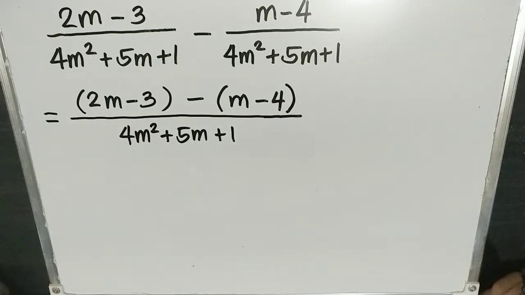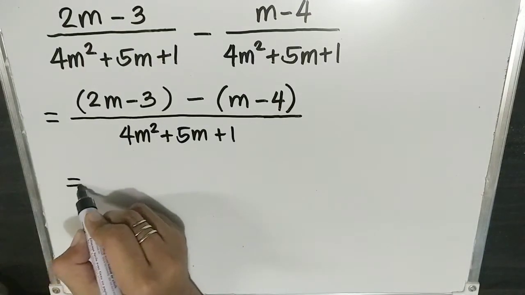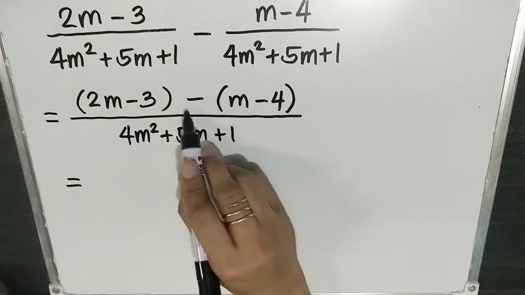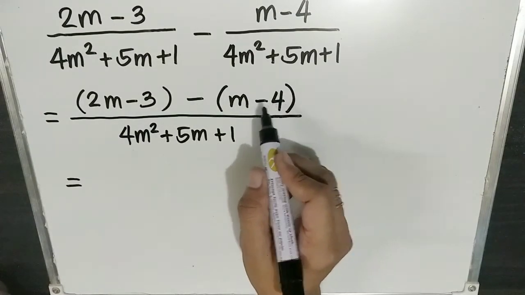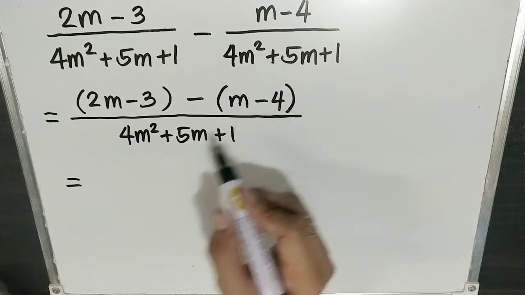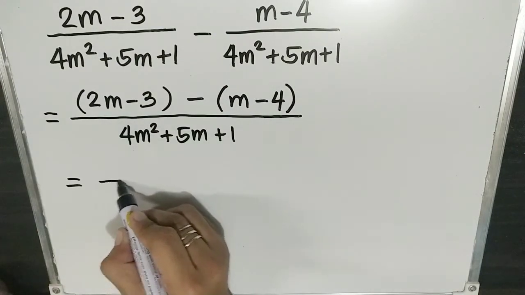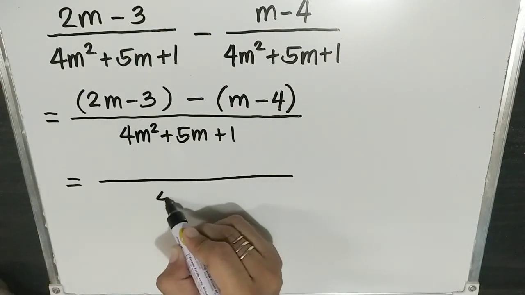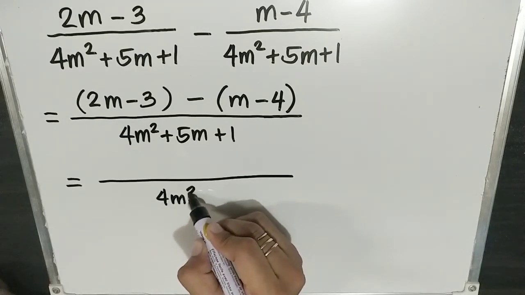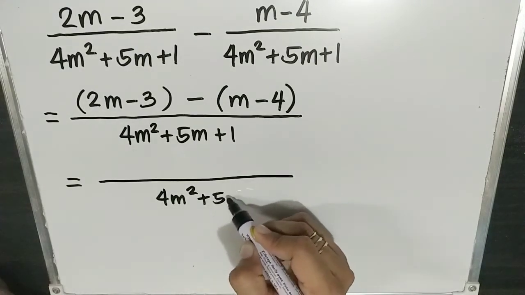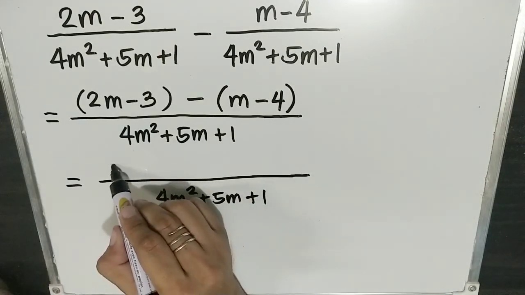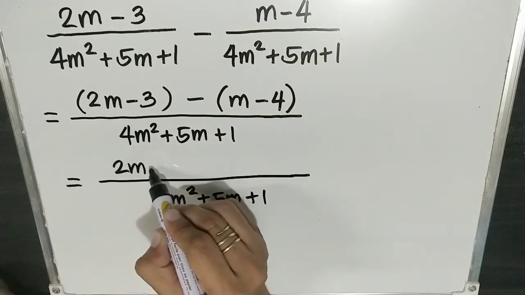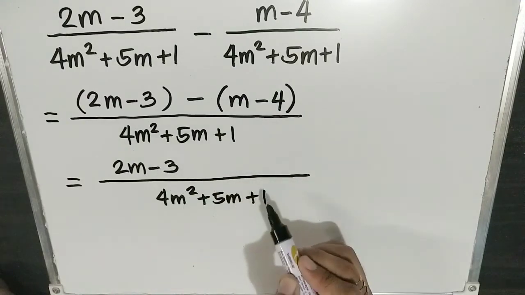The same with the previous example, we will distribute negative to each term in the binomial or in the second polynomial. So we have, again, copy the common denominator, 4m squared plus 5m plus 1. Okay, so we have 2m minus 3.